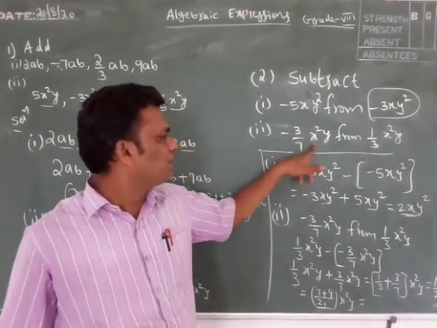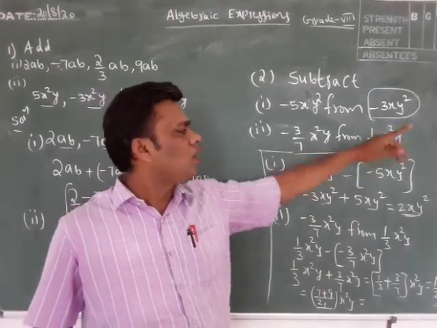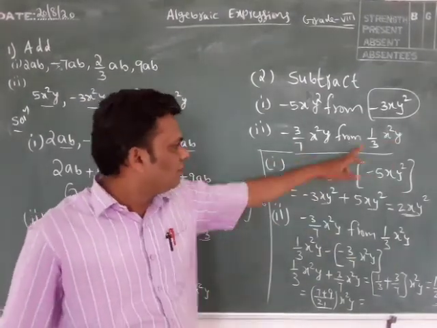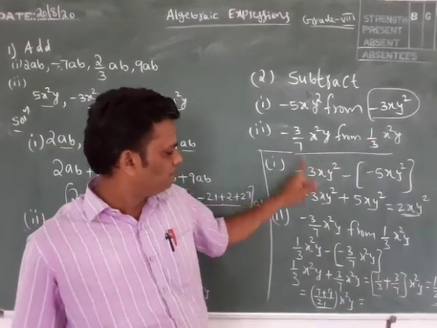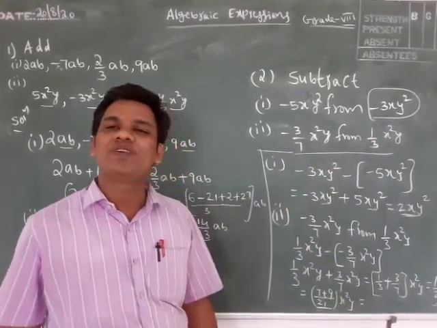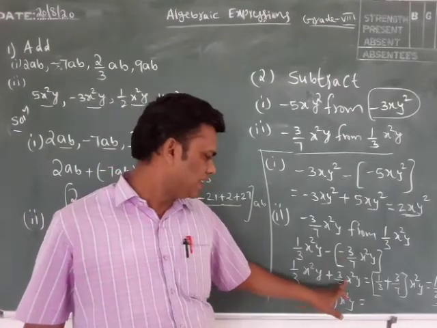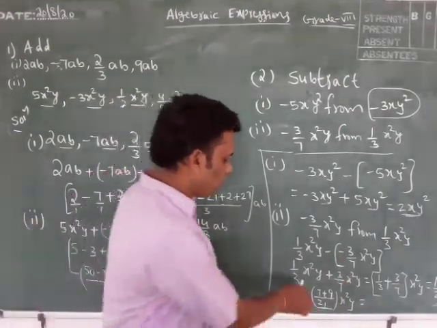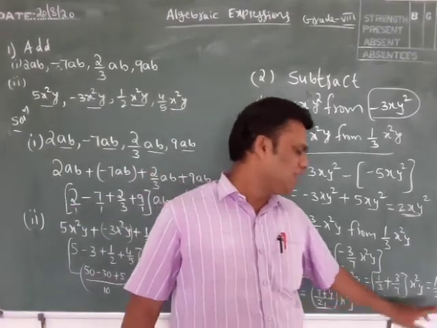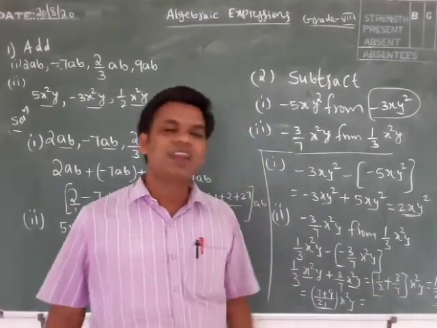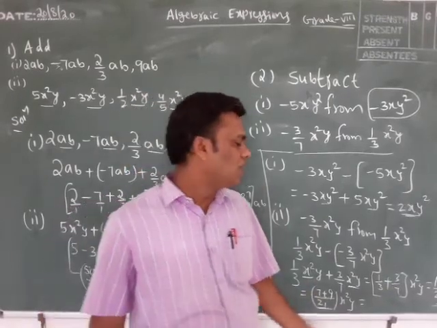Second one: minus 3 upon 7 x square y from 1 upon 3 x square y. First from part means 1 upon 3 x square y minus 3 upon 7 x square y, minus times minus plus 3 upon 7 x square y. So this x square y part we took common, 1 upon 3 plus 3 upon 7, that is 16 upon 21 x square y after LCM.